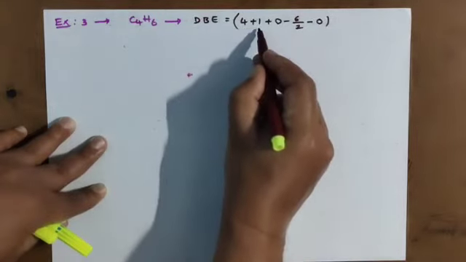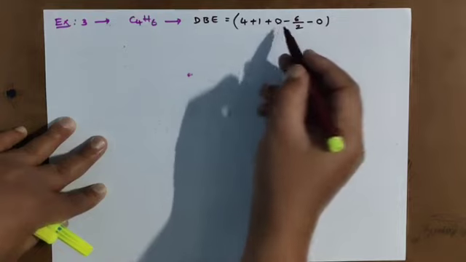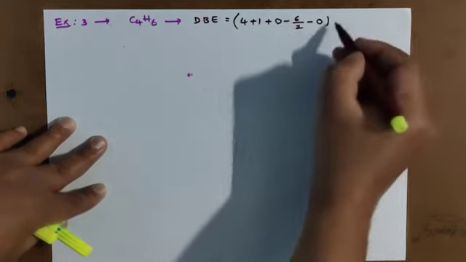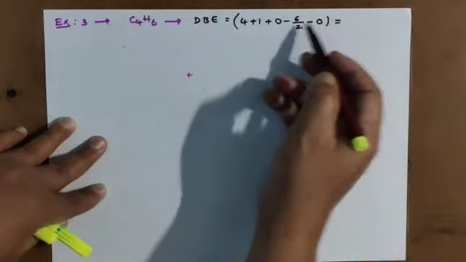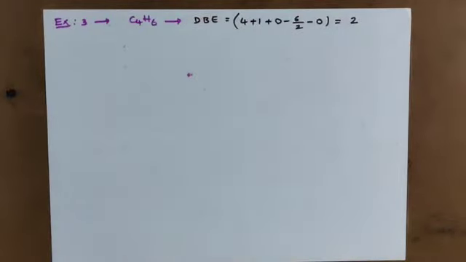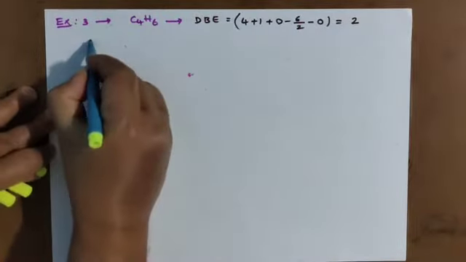Hydrogen 6, so that is equal to 5 minus 3. So how much are you getting? 2. DBE is 2.